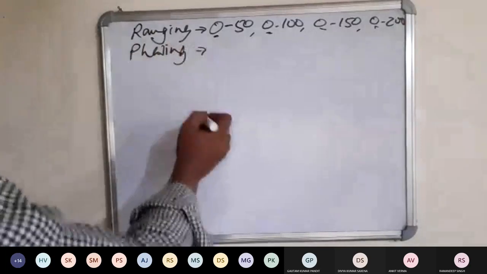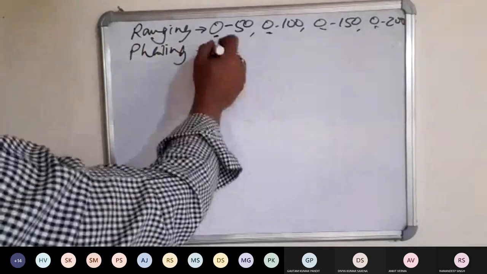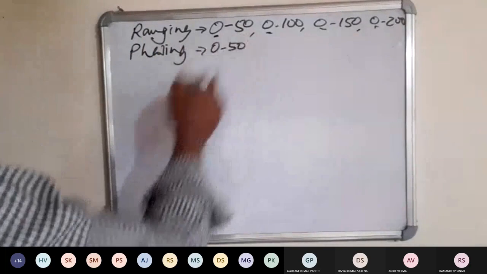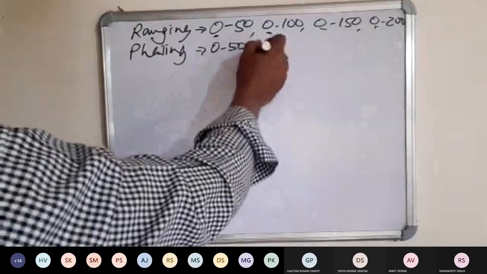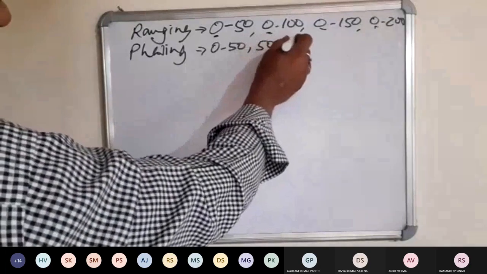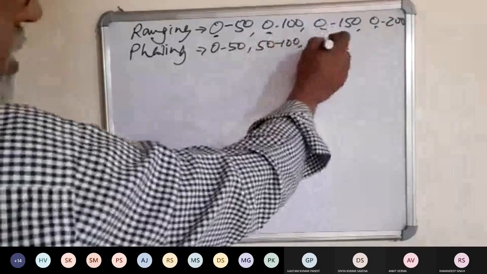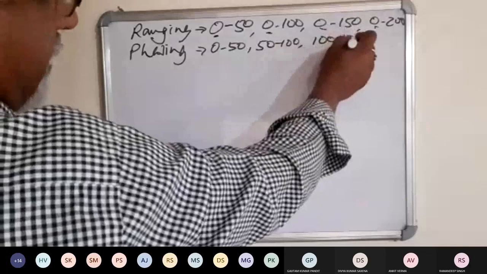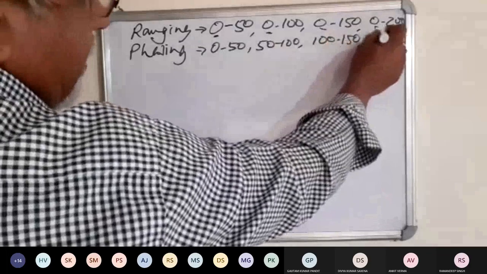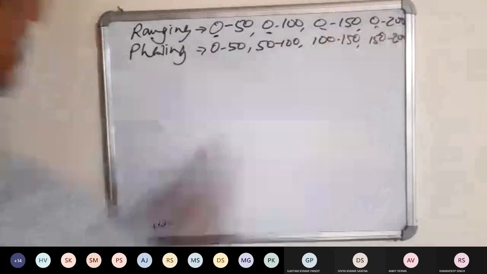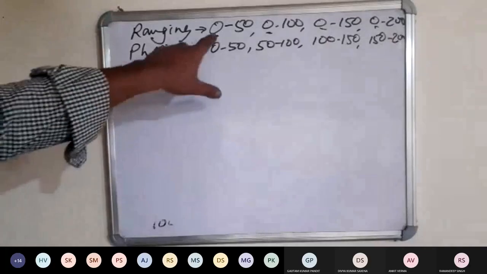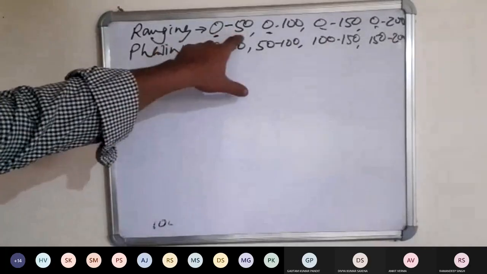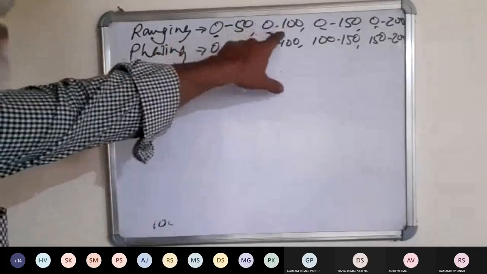The range scales are something like this: 0 to 50, next one is 50 to 100, next one is 100 to 150, and then 150 to 200. Between upper and lower range, you can see that the difference is increasing.